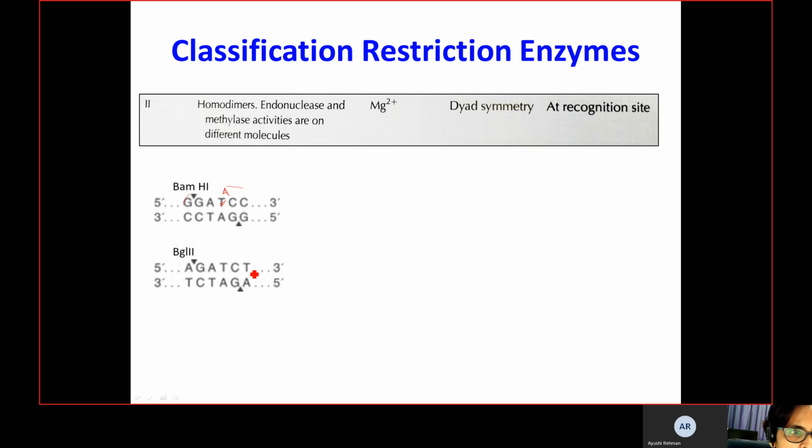But this will have a deleterious effect or lethal consequences, mainly because the cognate partner, the methylase, will not be able to recognize this mutated sequence and hence it will not be able to protect this sequence.